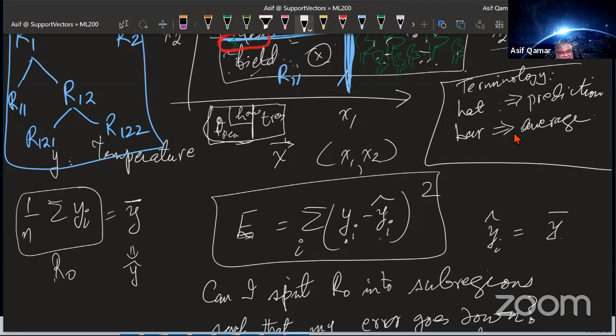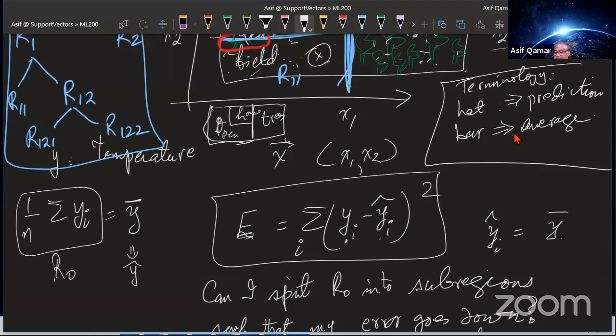Our errors are the gap between prediction and reality. You predict the temperature to be, let us say, 30 degrees. It turns out that the forest was actually 18 degrees Fahrenheit. So you do have a gap. You got it wrong by 12 degrees. And the total error is the sum of squares of these mistakes or errors.